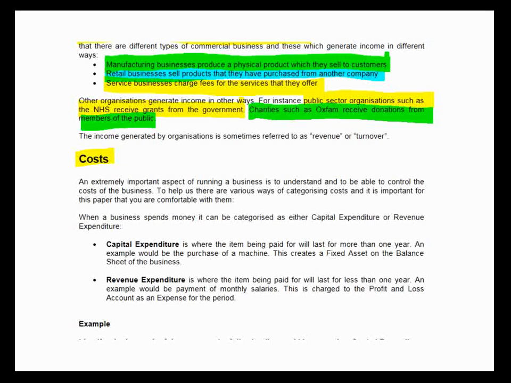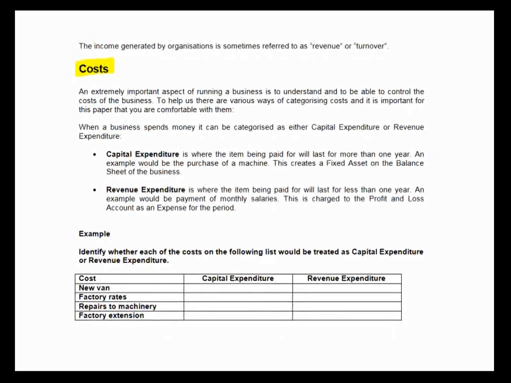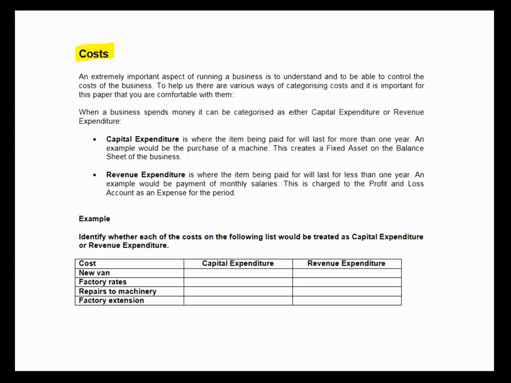But to start with, we're going to think about some of the different ways we can categorize costs. There are several different ways we can do it. If we start at the bottom of the page here, there's capital expenditure and revenue expenditure, sometimes abbreviated to CapEx and RevEx.